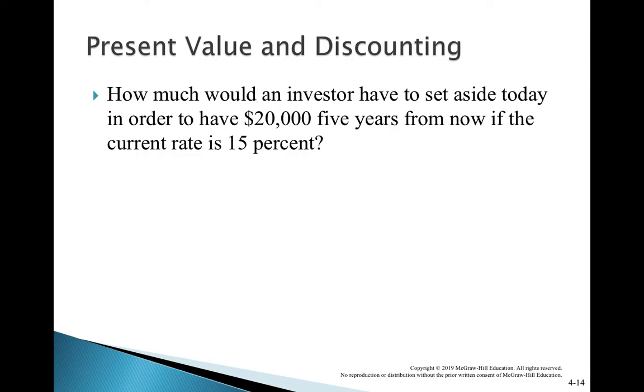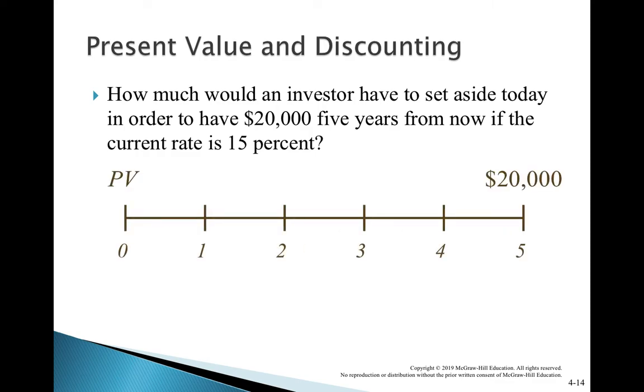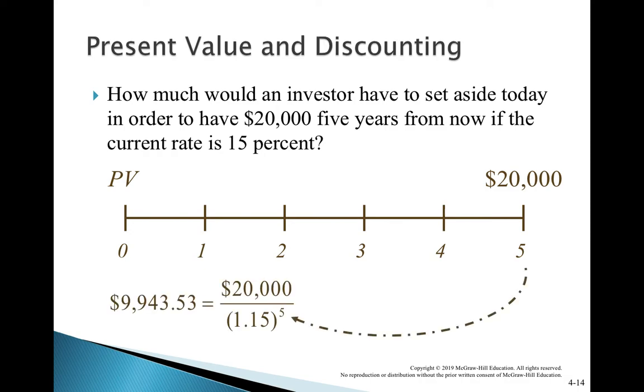So 20,000 divided by 1.15 to the power 5. Future value divided by 1 plus r to the power t will be the present value. Alright, clear?